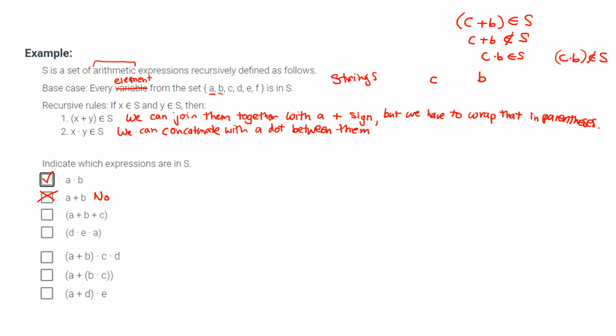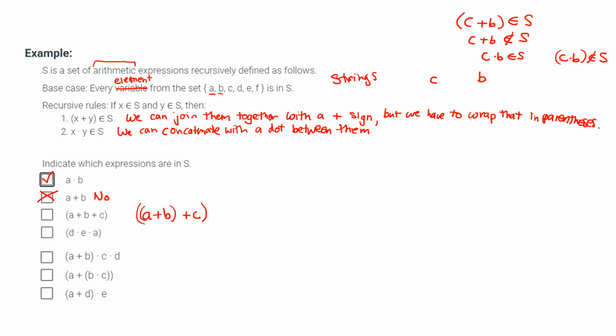What about this? You might think I ought to be able to get that by doing a couple of things. I can say A plus B, put that in parentheses. But then if I want to add a C to that, I could go plus C, but I have to put parentheses around that whole thing. Every time I put a plus sign, I have to put parentheses around there.